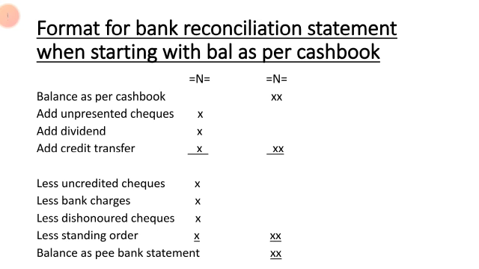Less dishonored checks. Dishonored checks are checks presented but not honored by the bank. So all such checks are deducted from the account. Then you have standing order. Standing order is a request made by the customer to the bank to deduct a certain amount or to make certain payments to certain customers at that particular time.